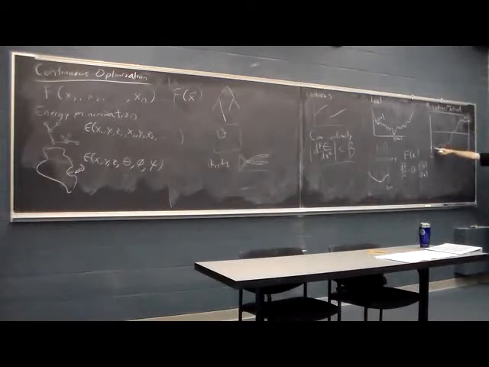So if it's less than 0 on one side, greater on the other, and continuous, it has to pass through 0 somewhere in between. Now there's no guarantee there's a unique 0. It could pass through 0 several times in between, but we do have a guarantee that there is at least one 0 on that interval. And that guarantee is pretty much the basis of the bisection method.